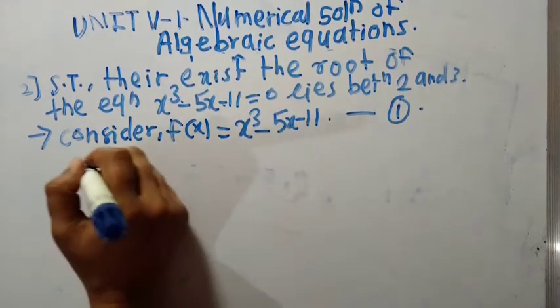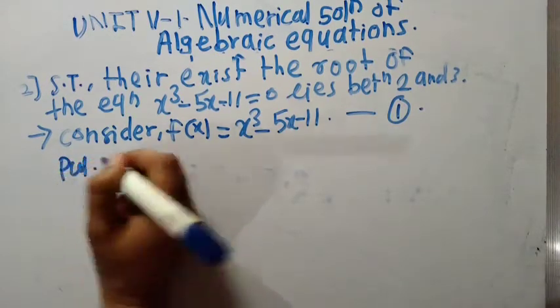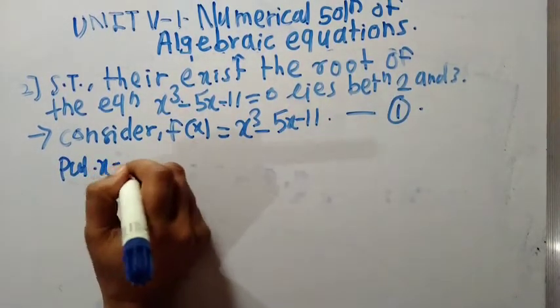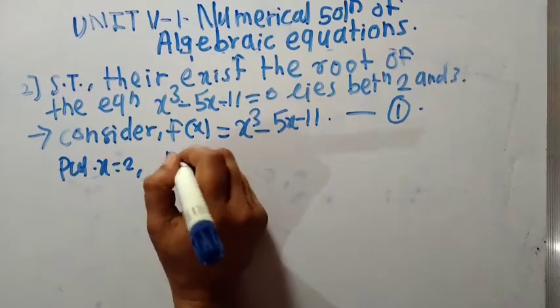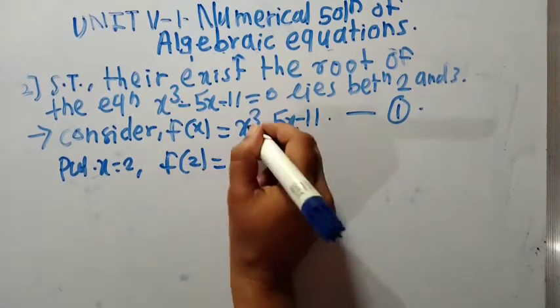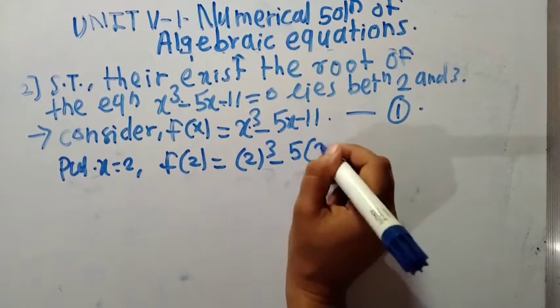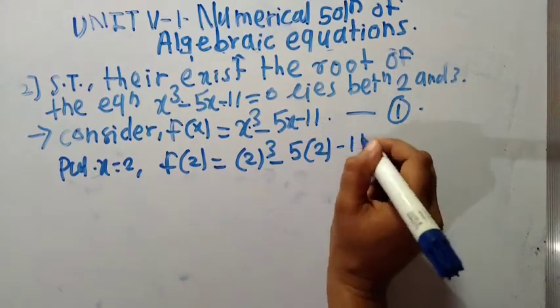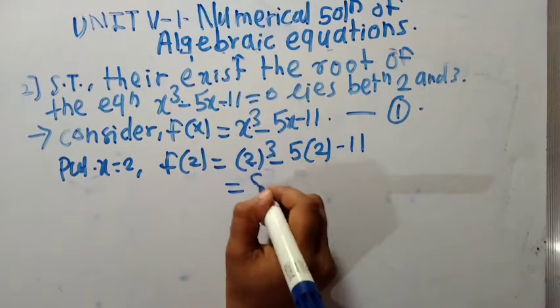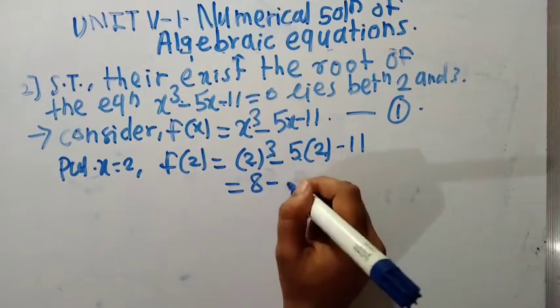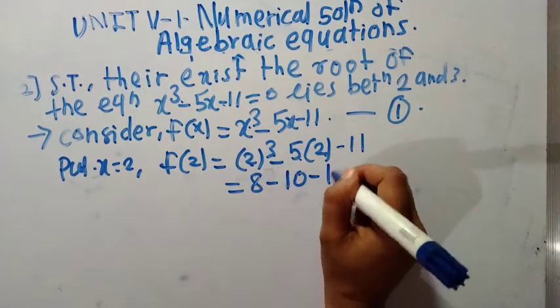Then first put x is equal to 2. So f of 2, which is equal to 2 cube minus 5 into 2 minus 11, which is equal to 2 cube is 8, 5 into 2 is 10 minus 11.